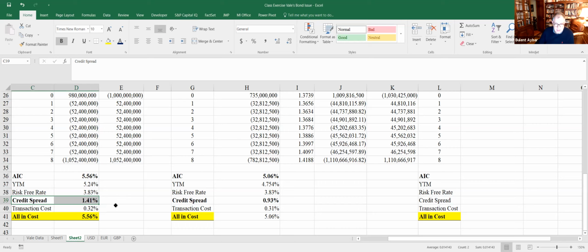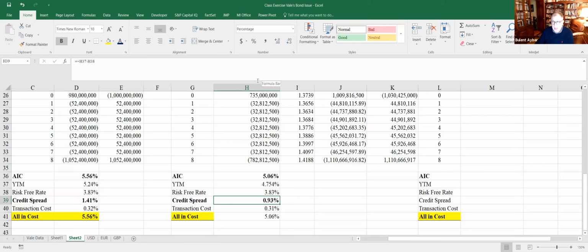For instance, Vale is the same company, but if Vale is borrowing in the dollar segment, it faces a credit spread of 1.41%, but when it borrows in the euro segment, its dollar-denominated credit spread turns out to be 0.93%. So that just suggests a mispricing. And that is actually the reason why corporations can find opportunities to borrow advantageously in different currency segments.